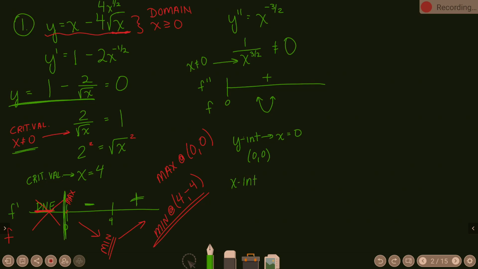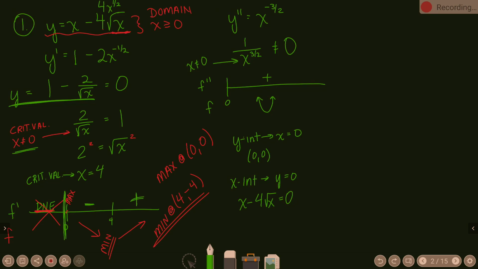X-intercepts happen when y equals 0. Well, y equals 0 is setting the original problem equal to 0, so x minus 4 square root of x equals 0.